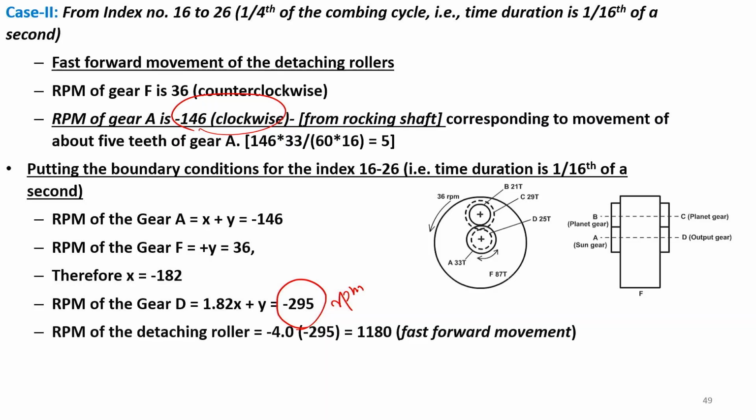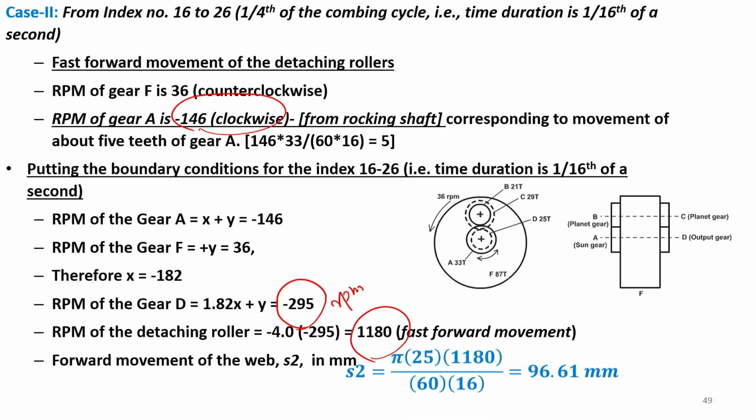RPM of detaching roller becomes 1180, which is fast forward motion. That much RPM it is moving, and this will move for 1/16th of a second, that is fast forward motion of wave S2 we get, which is 96.61 millimeter.